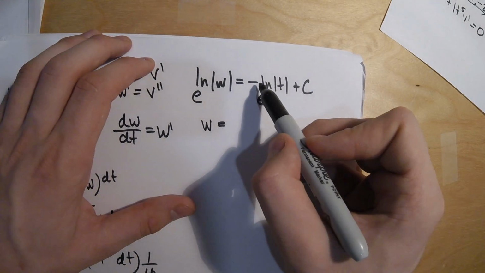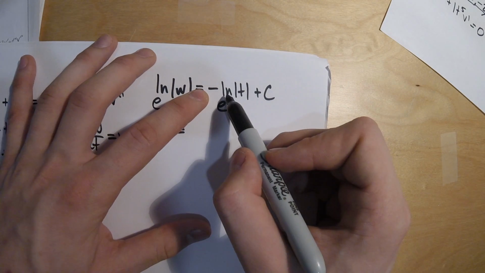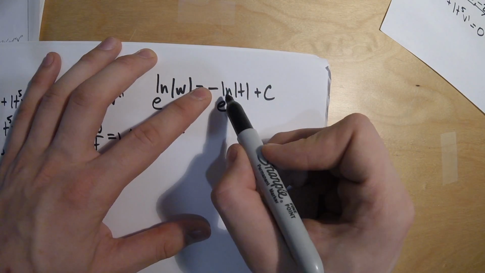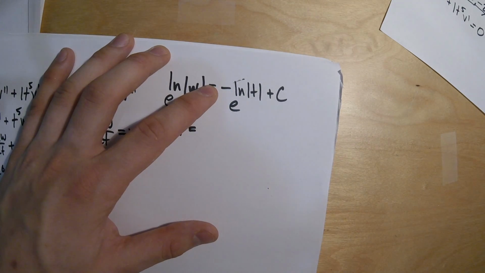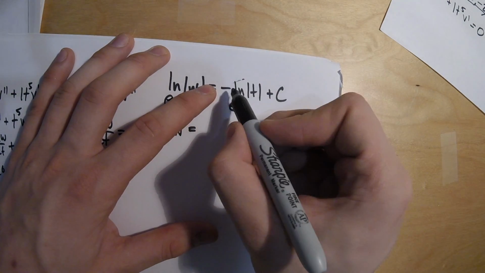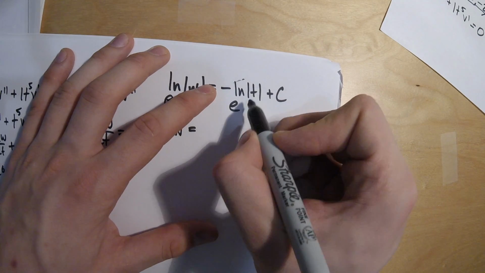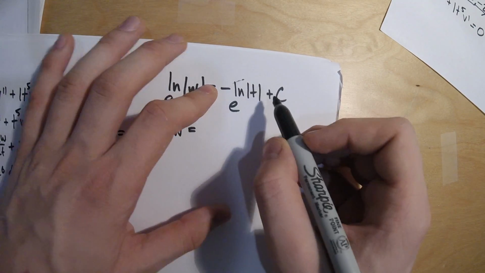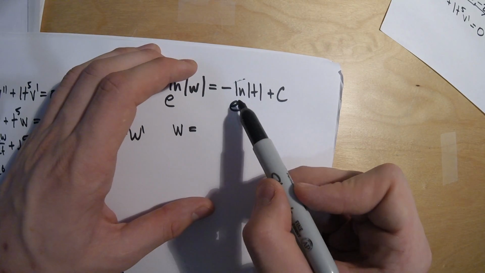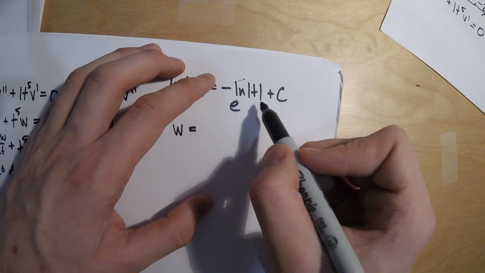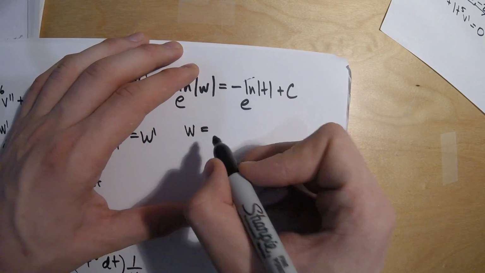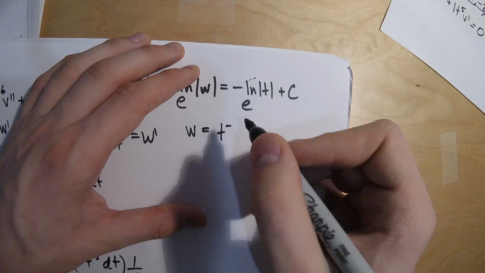But notice, if you know your natural logs, you know that this negative is actually the power of this t. So e raised to the negative ln of t, the e and the ln cancel, and it leaves whatever is inside the natural log. So it's going to be t to the negative 1.